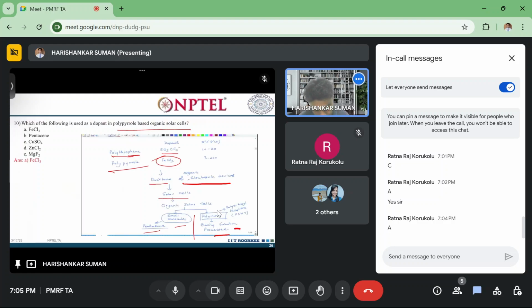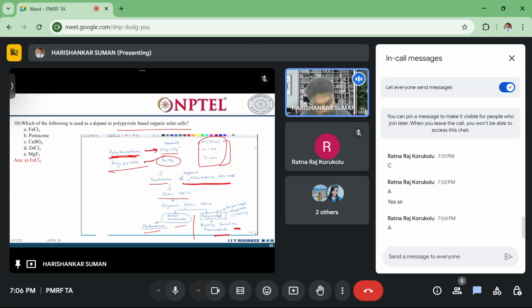Yeah. So on this side you can see thiophene.